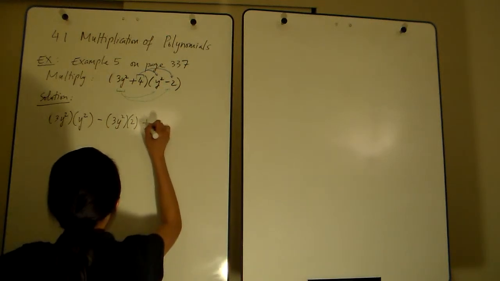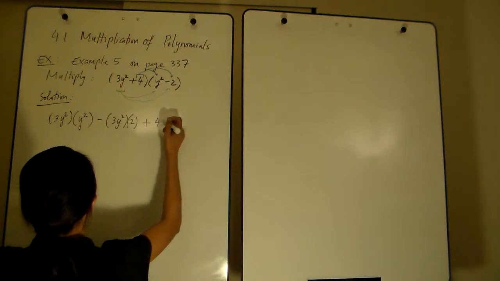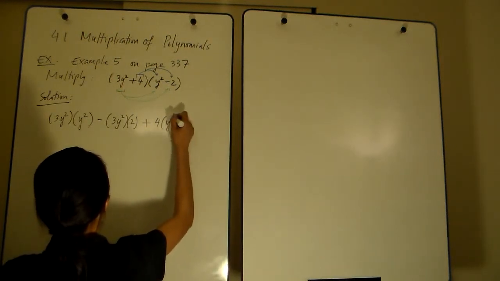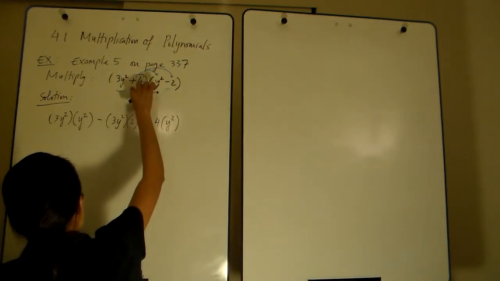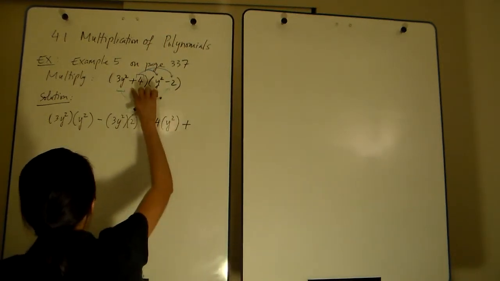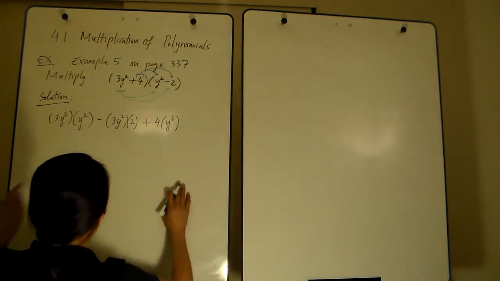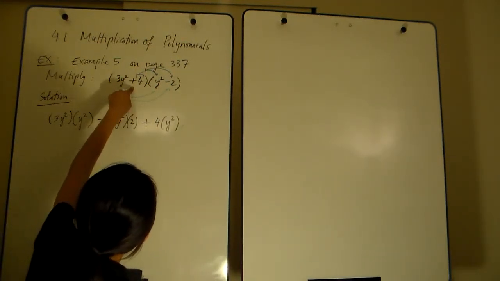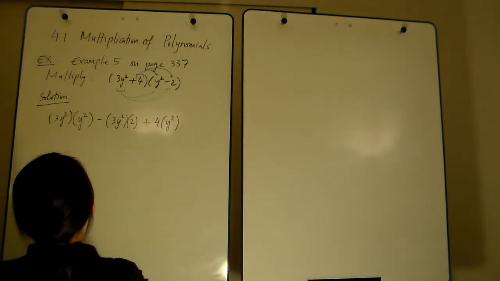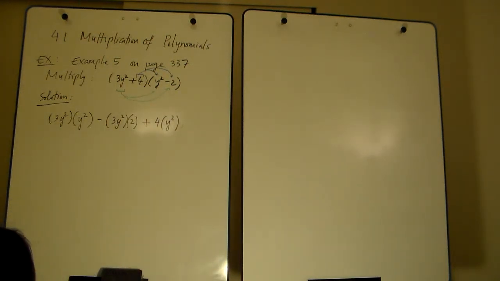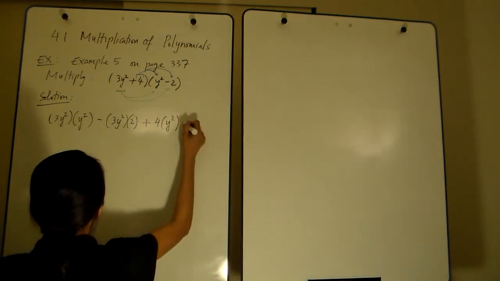So you have positive, because positive here, 4 times y squared. In front is the addition, right? So you continue here, addition. Now, still positive 4 times this value right here, 4y squared, and you would have a subtraction here.